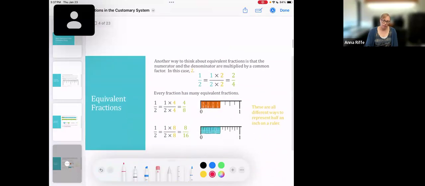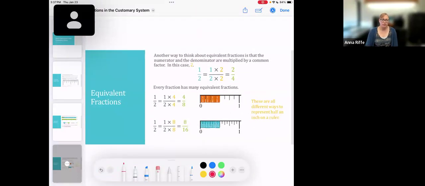Now let's start thinking about how we might compare fractions using that knowledge of equivalent fractions. So another way that we can think about equivalent fractions is that the numerator and the denominator are multiplied by a common factor or a common number.